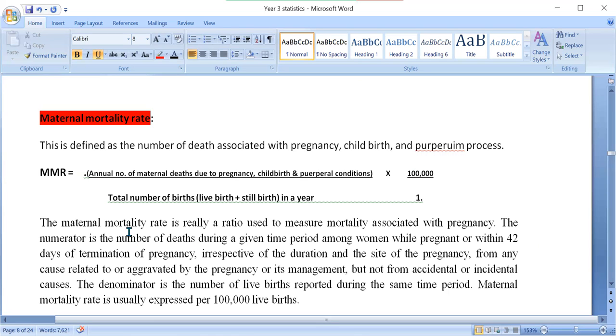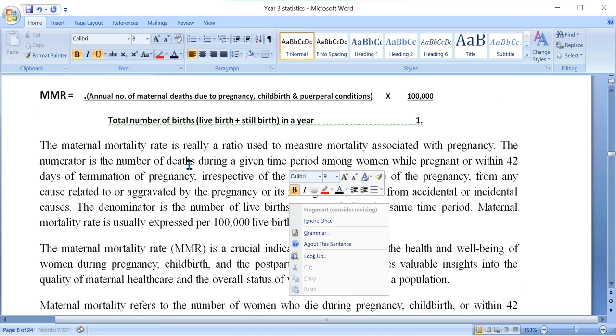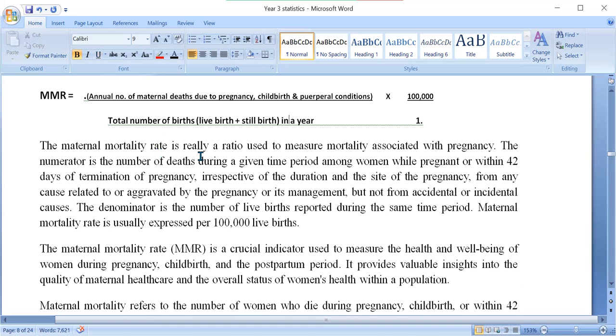Total number of what? Live births. So the maternal mortality rate is really a ratio used to measure mortality associated with pregnancy.